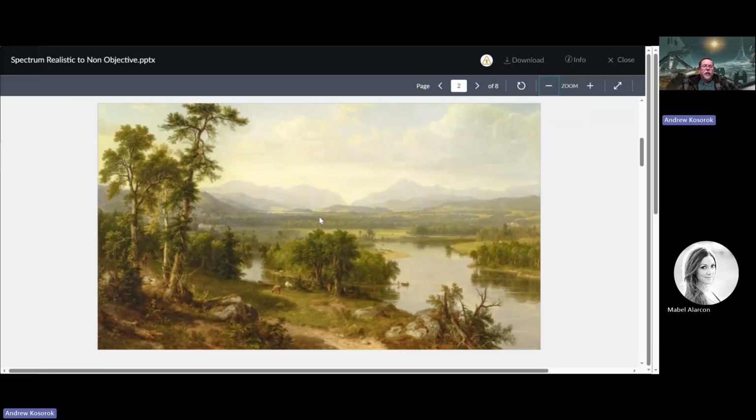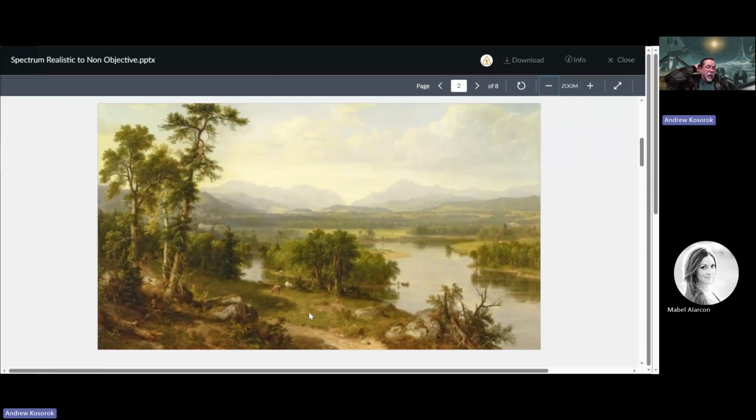And again, it is very realistic. These are obviously trees. This is obviously a cow. This is obviously a person in a boat. They're not really in focus, but we can still tell what they are. It reads very realistic. These are obviously mountains. These are obviously clouds.